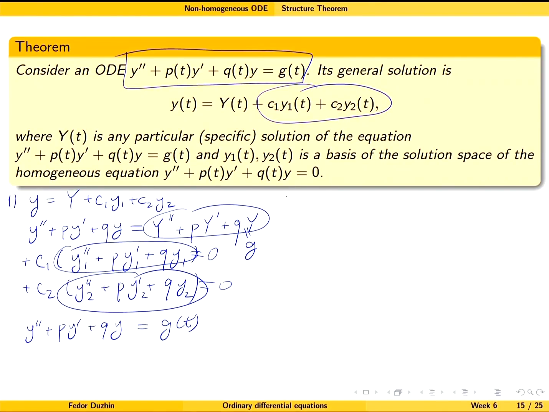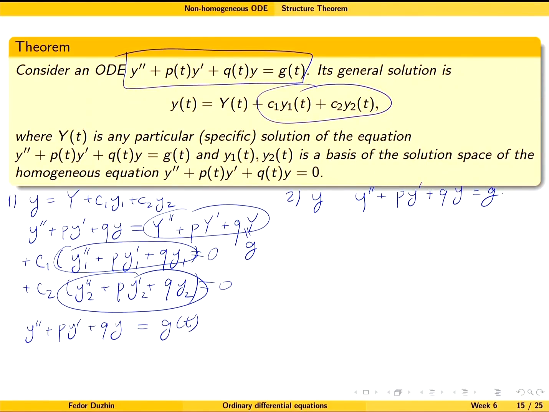So conversely, we need to show that every solution of our non-homogeneous differential equation, so suppose that we have function y, and we know that y double prime plus p y prime plus q y is g. So we need to show that our function y can be expressed in this form.